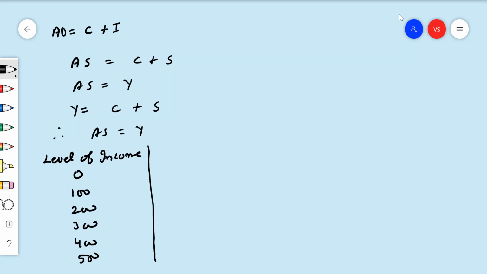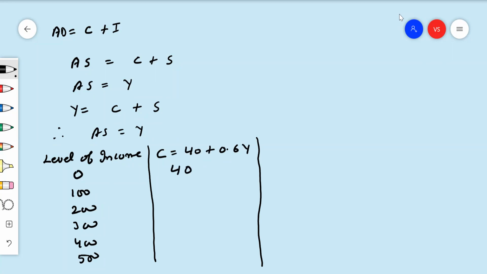And I explained to you the consumption. So in consumption you can take any value. Suppose we took the consumption function as 40 plus 0.6Y. Now you can calculate consumption easily. I hope you can calculate. So here it will be 40.